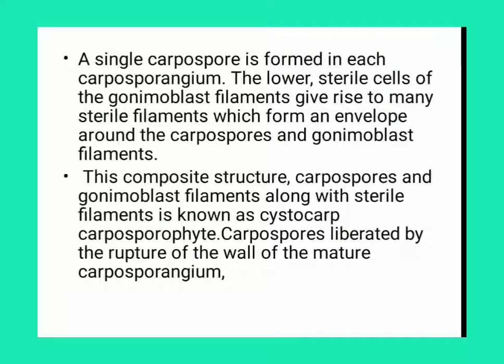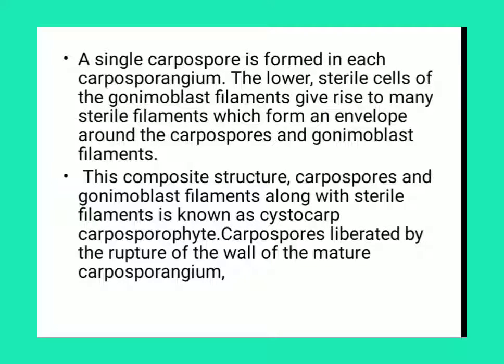Okay, a single carpospore is formed in each carposporangium. The lower sterile cells of the gonioblast filament give rise to many sterile filaments, which form an envelope around the carpospore and the gonioblast filament.